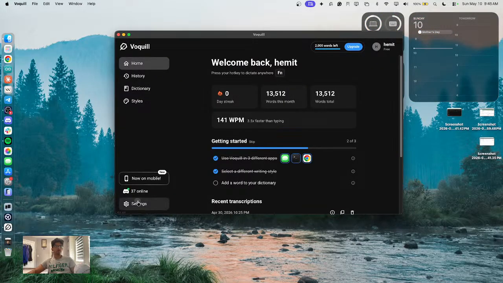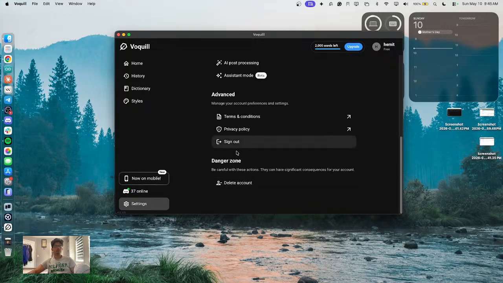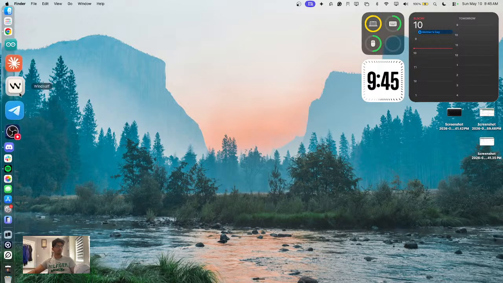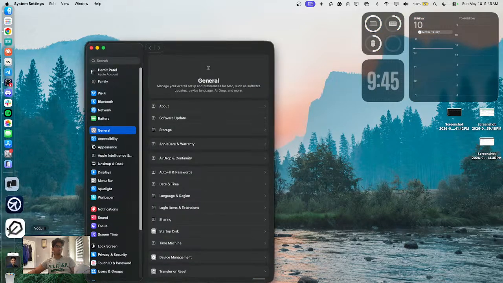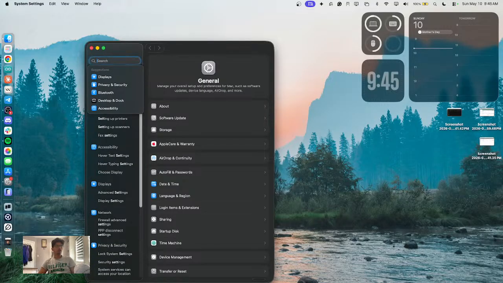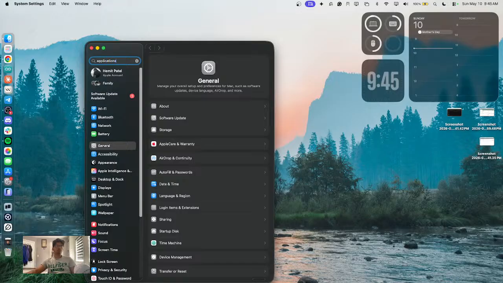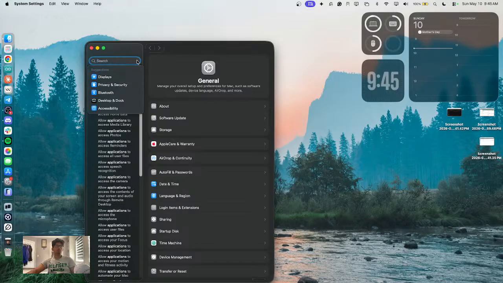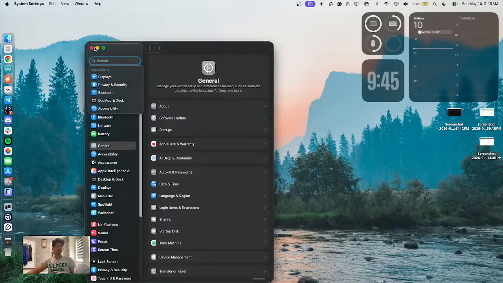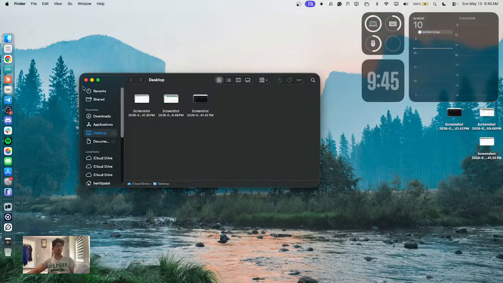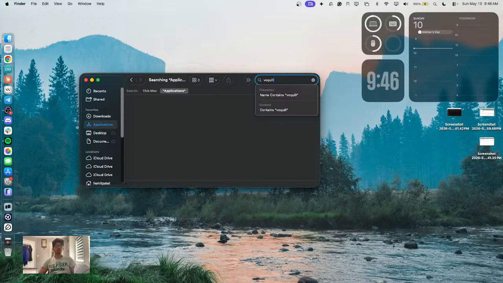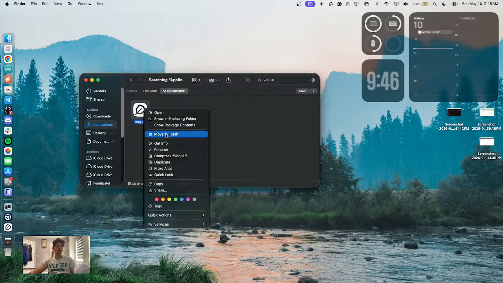Will this ever go away? Can I just remove this? Yeah, I'm just gonna remove it. Sorry guys. Hold on. I'm just gonna remove Voquil because I don't need it. I have Whisper Flow. So applications. How the hell do I remove it? Oh, I have to go to Finder. Application. Voquil. Nice. And move to the trash.